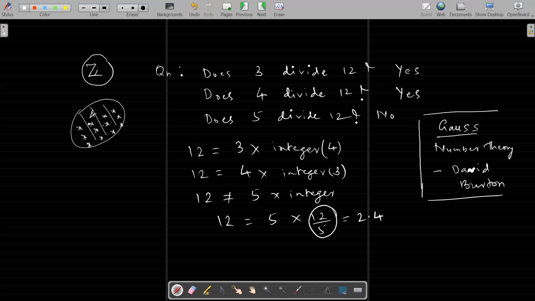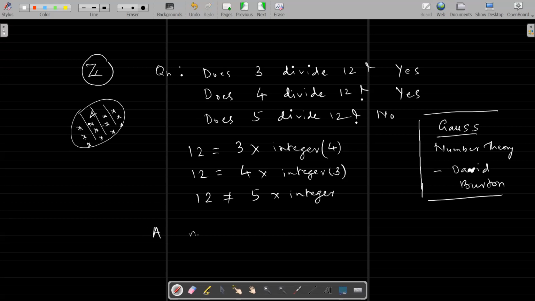Yeah. So now we'll try to make a proper definition of this fact, like when some number divides some other number. Shall I say some number B divides number A, and by number I mean integers, and always we divide by a non-zero number.